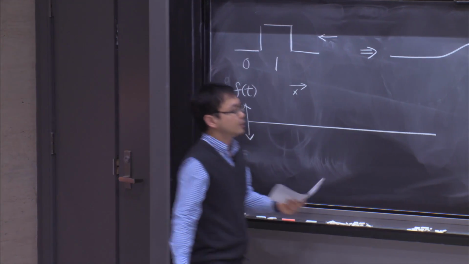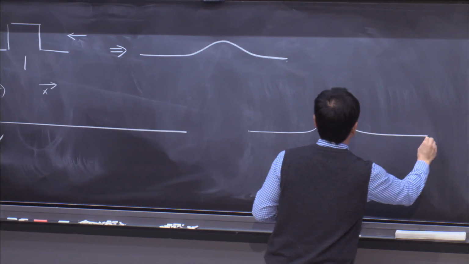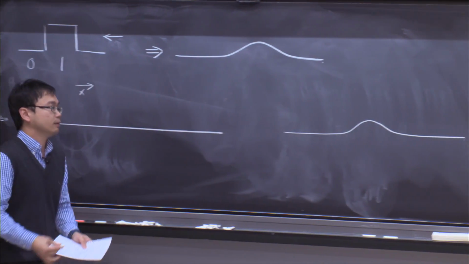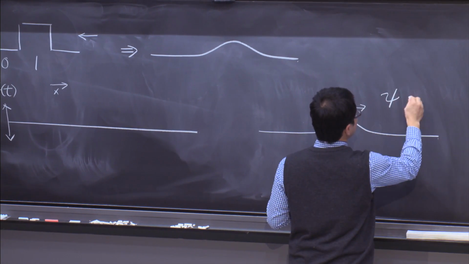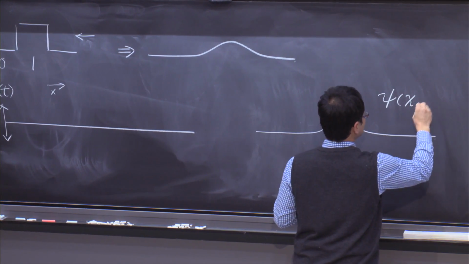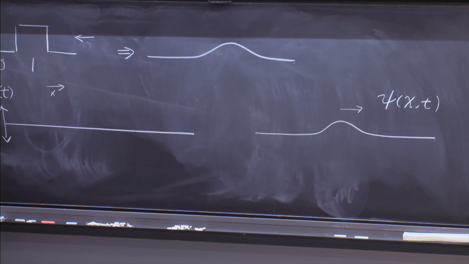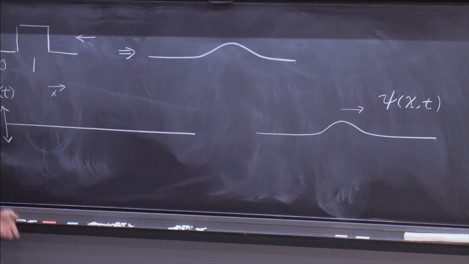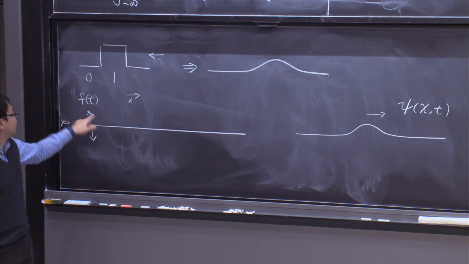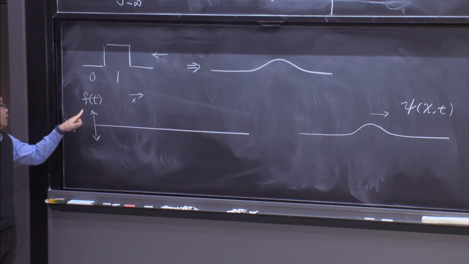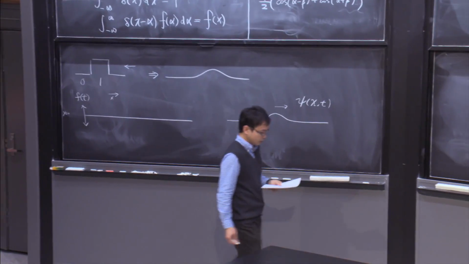Then I produce some kind of pulse, and I can describe this pulse by a function psi of x and t. This psi describes the displacement as a function of x and of t. If you put x equal to 0, you go back to f of t.